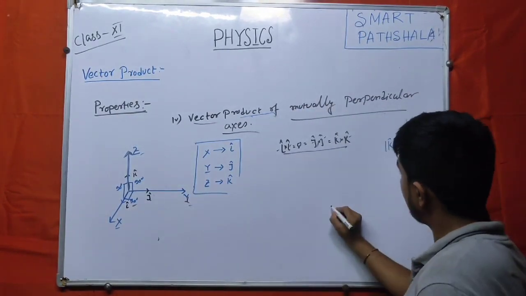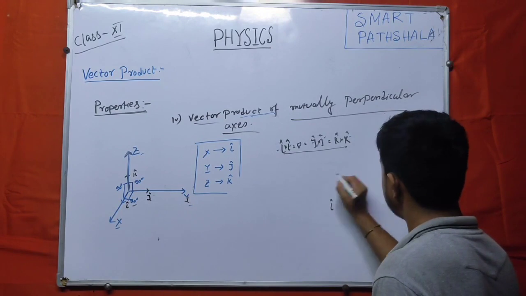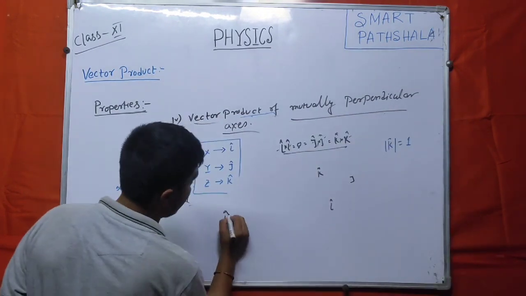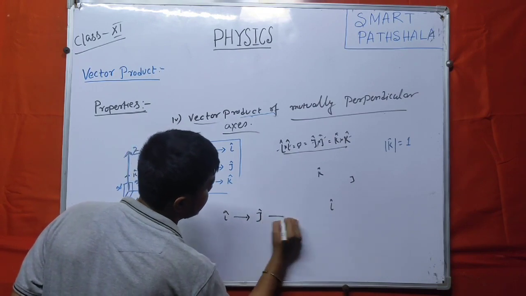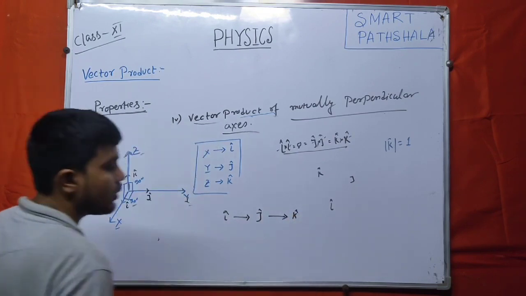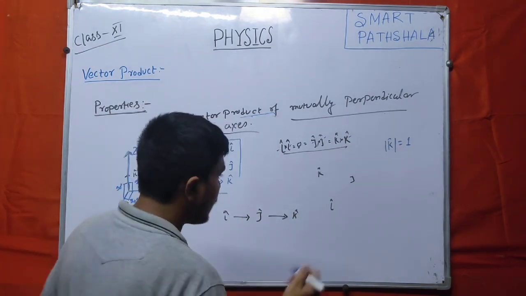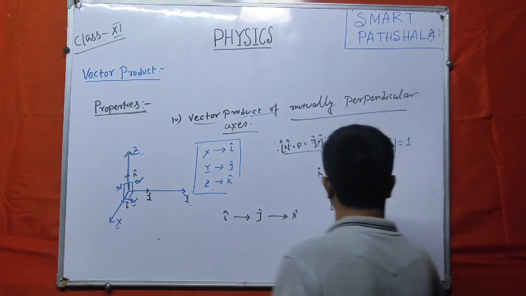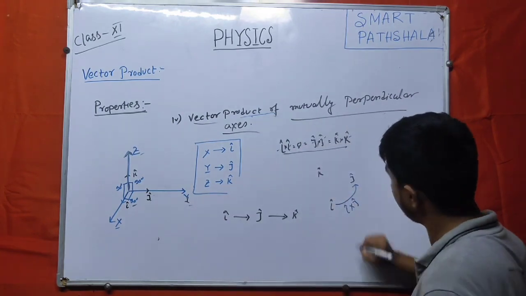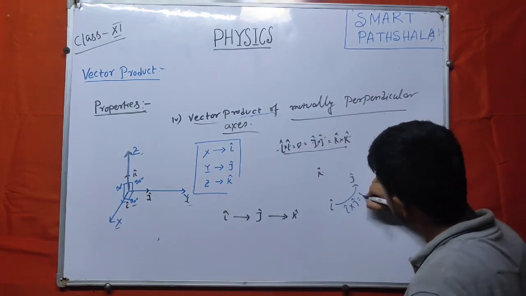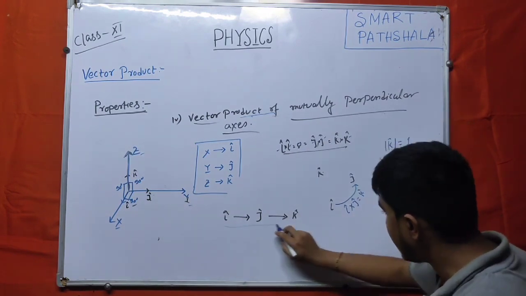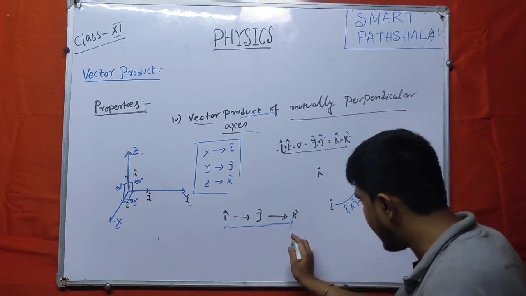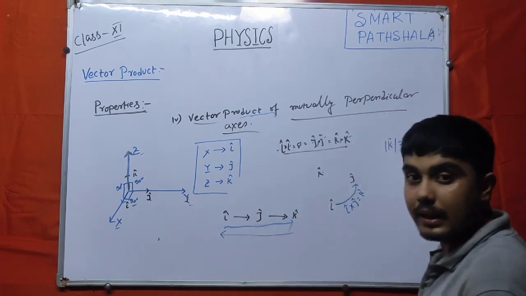To remember this sequence, we can use an easy formula. Write i cap, j cap, k cap. Our sequence will be i, then j, then k. If you consider i cap cross j cap, this will give us k cap in this direction. In this direction, the resultant will be positive, and in the opposite direction, the resultant will be negative.